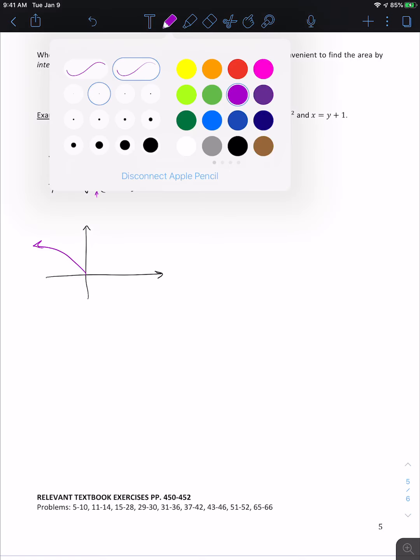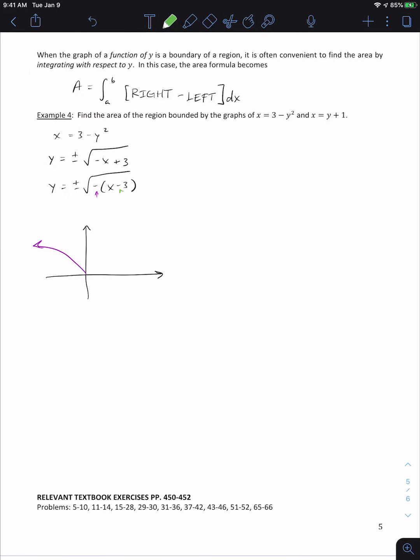And then this piece right here means that we are going to shift to the right 3 units. So this is actually that top piece. That's the plus part here. The minus part, remember, means we reflect it over the x-axis. So we actually need this piece too. All right, so again, it's a little bit awkward, but that's how we get this graph here, which is x equals 3 minus y squared.